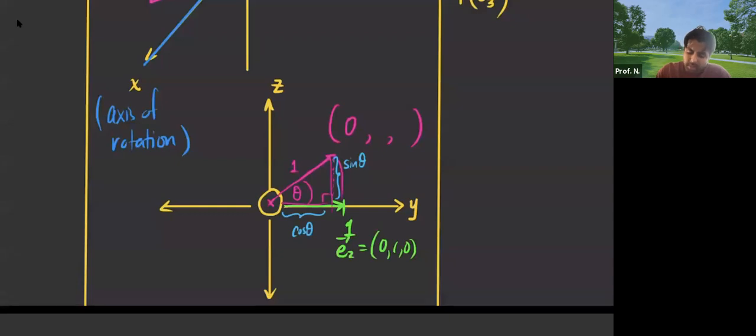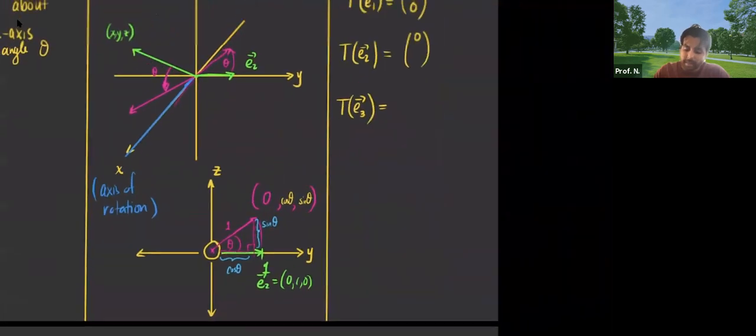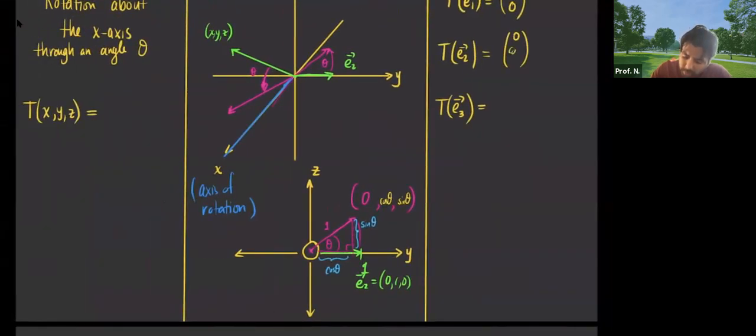Do you see how this is the z coordinate? This is the y coordinate now of my new vector. So this would be cosine theta, sine theta. And this would be my new vector. Does that make sense, guys?